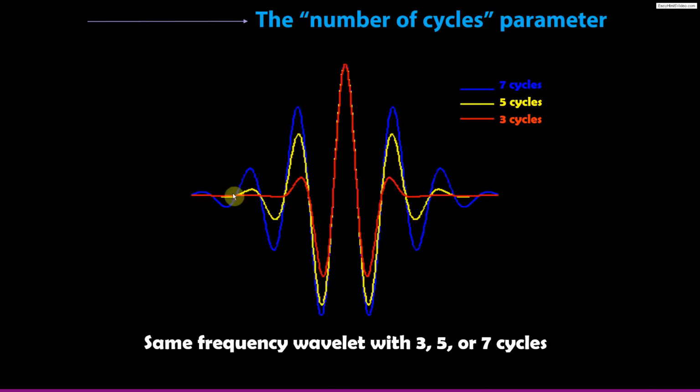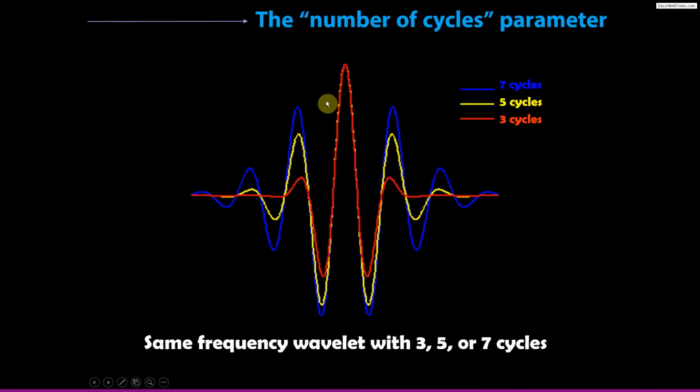Here we have almost exactly the same Morlet wavelet, the same frequency, the same time range, the same sampling rate. Everything is the same except the number of cycles used to construct the Gaussian as part of creating this wavelet.